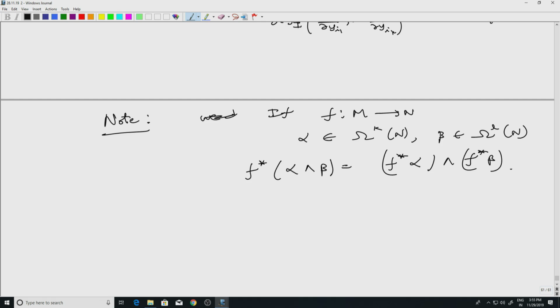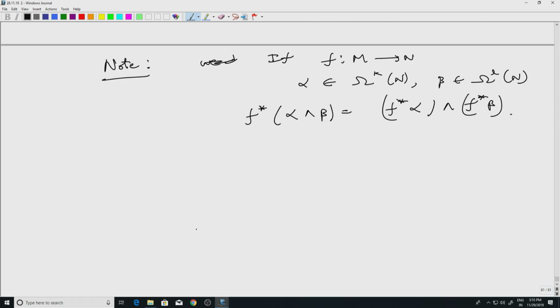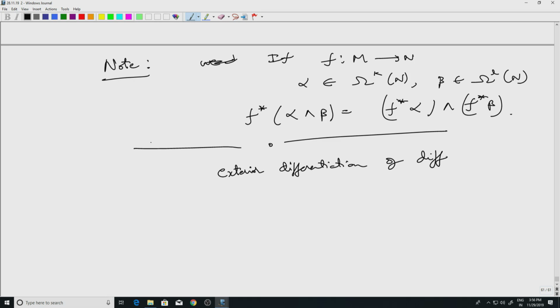The only new thing was smoothness. And in connection with smoothness, there is another important, perhaps the most important operation involving differential forms, which does not arise in the context of vector spaces and linear transformations. This is the notion of exterior differentiation, exterior differentiation of differential forms.